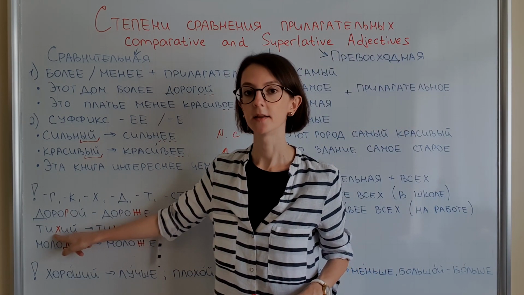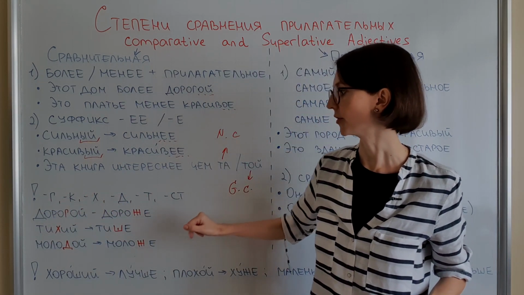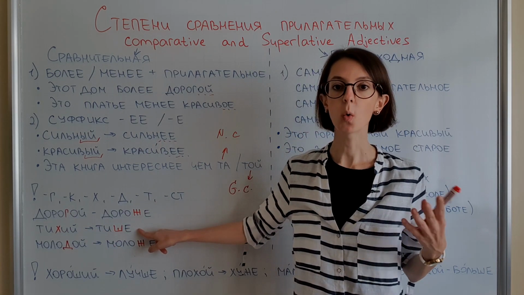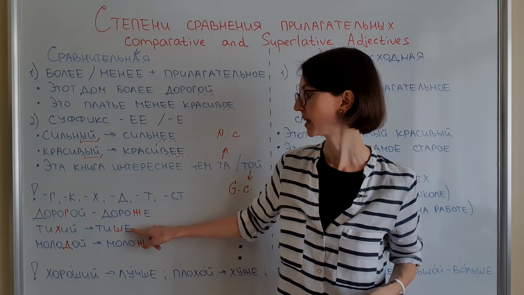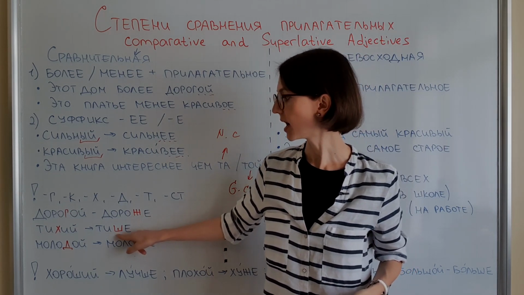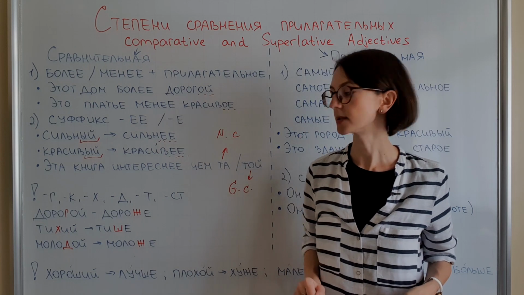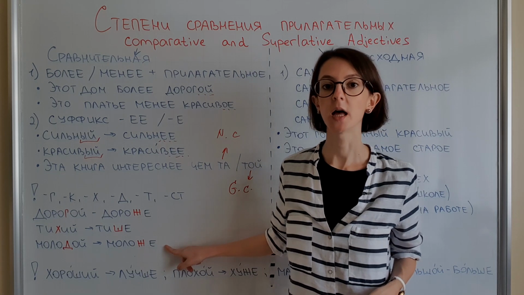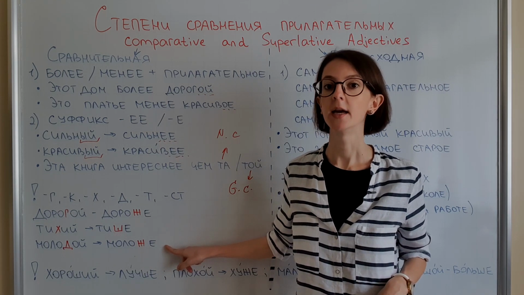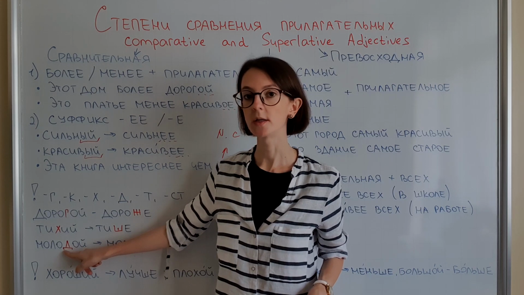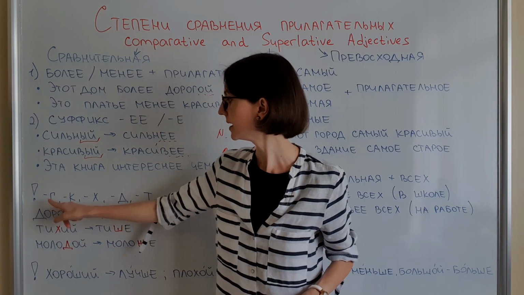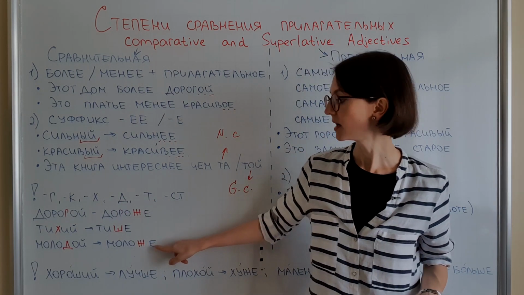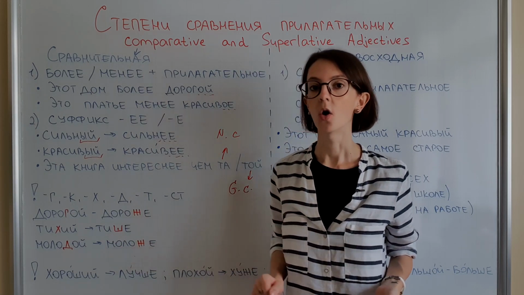Тихий, you can see again the last consonant is one of those. Тихий, quiet. Тише, quieter or more quiet. Again, we use the suffix е, plus we change the consonant. And last example, молодой, моложе, young, younger. Again, the last consonant before the ending ой is d, it is over here, so we use the suffix е, and we change the consonant.